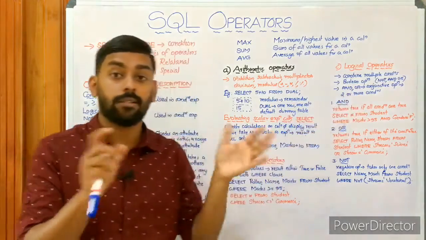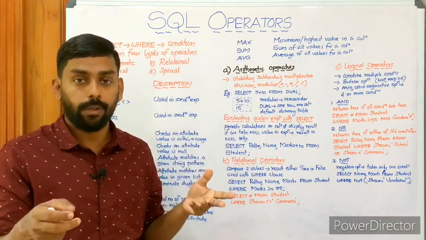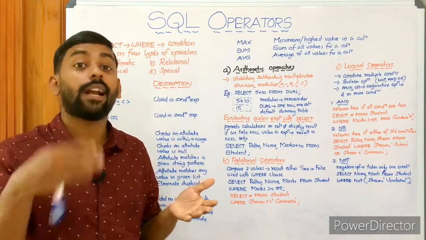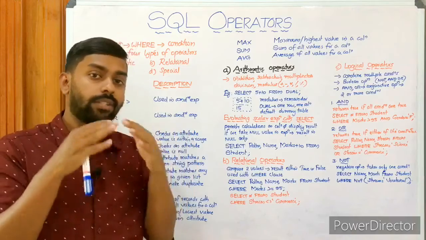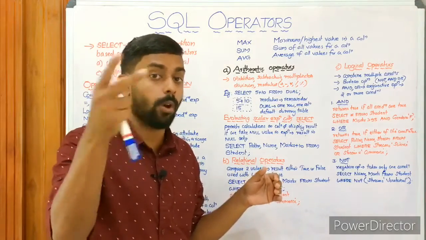Two or more conditions are required to work with and, or. That's why they are called conjunctive operators, because they work on two or more conditions.